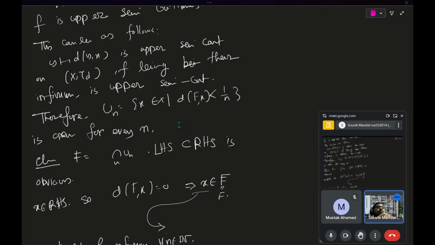Therefore, for every n, the set where d of x comma F is less than 1 by n is open. Now the claim is that F is the intersection of these sets. One inclusion says the RHS contains the LHS.